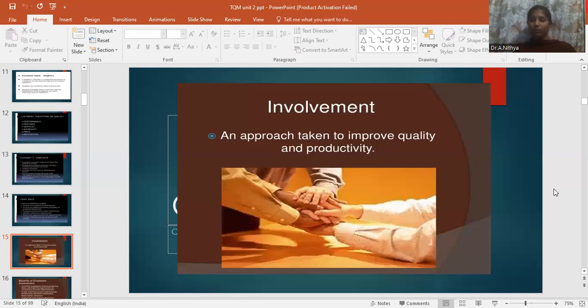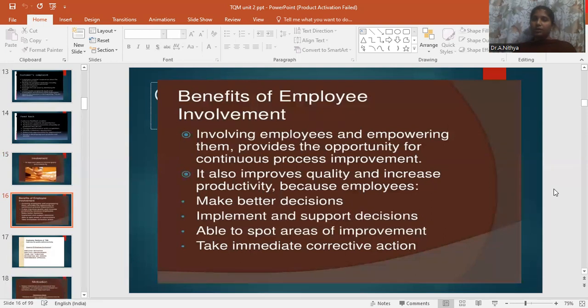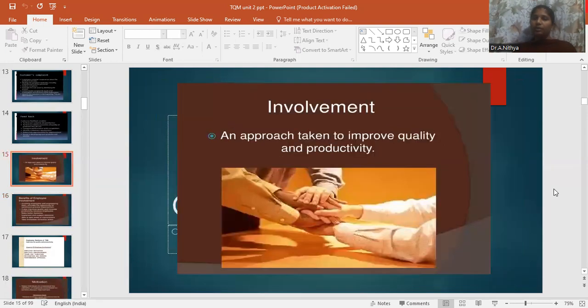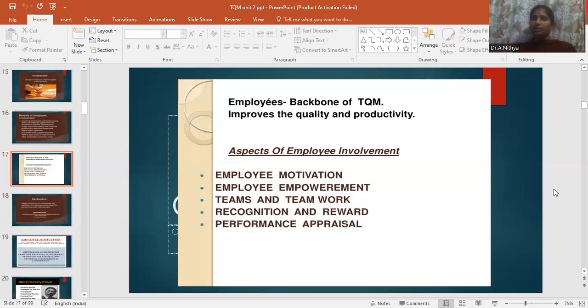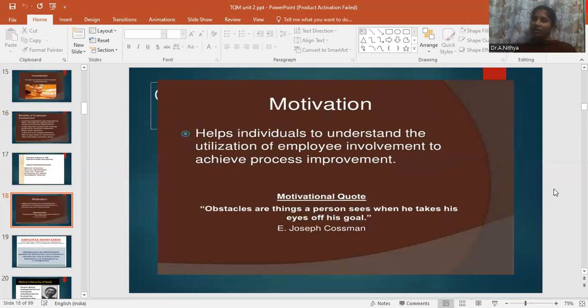Next, we will go to the topic of involvement. So what is involvement? An approach taken to improve quality or productivity. In involvement, we can see five types of employee involvement approaches: employee motivation, employee empowerment, teams and teamwork, recognition and reward, and performance appraisal. So what is motivation?